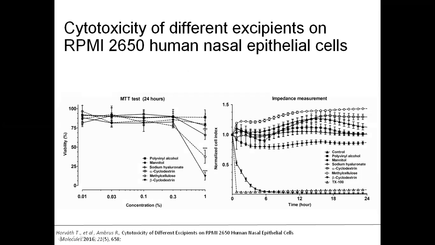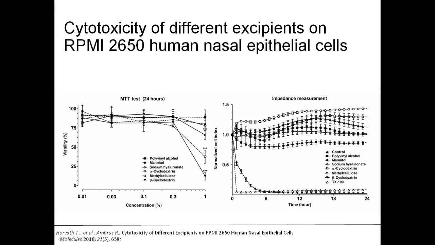Finally, in this study, we aim to measure the cytotoxicity of 6 pharmaceutical excipients, which could help to reach larger residence time, better permeability, increased solubility, and dissolution rate. The following excipients were investigated on human nasal septum tumor epithelial cells: mannitol, sodium hyaluronate, alpha and beta cyclodextrin, polyvinyl alcohol, and methylcellulose, used during the real-time impedance analysis and cytotoxicity test.